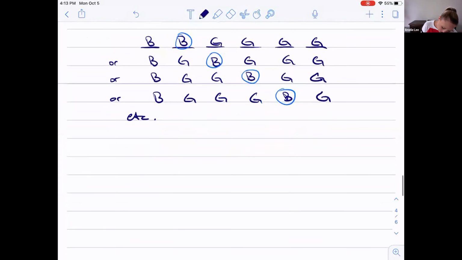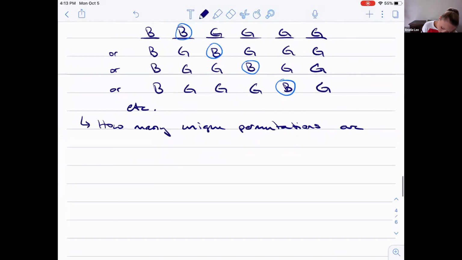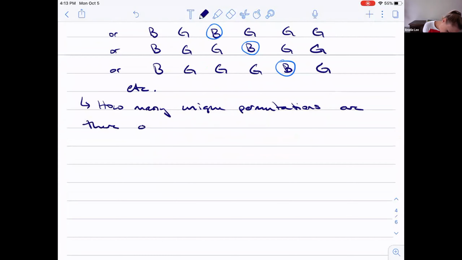So really what we're asking is, how many unique permutations are there of the letters B, B, G, G, G, G?